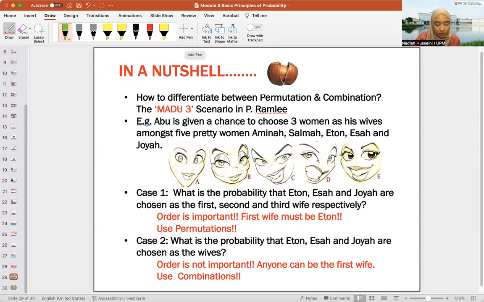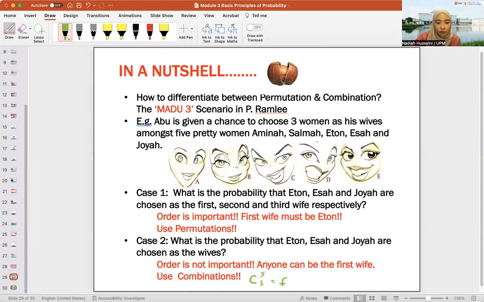So this is the first case. What is the probability that Etun, Esa, and Joya are chosen as the first, second, and third wife? Here, order is important. Case 2, what is the probability that Etun, Esa, and Joya are chosen as the wives? Here, you use combination to get the frequency. So combination of 5 choose 3 is your frequency.